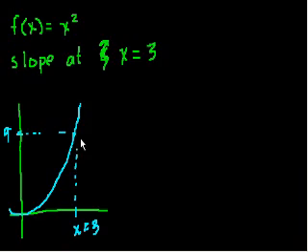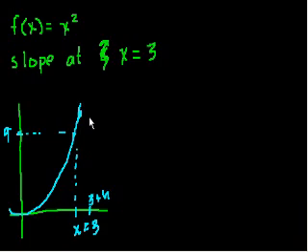So what we do is we take a point, maybe a little bit further along the curve. Let's say this point right here is 3 plus h, and I keep it abstract as h because, as you know, we're going to take the limit as h approaches 0. And this point right here is 3 plus h squared, because the function is f of x is equal to x squared.